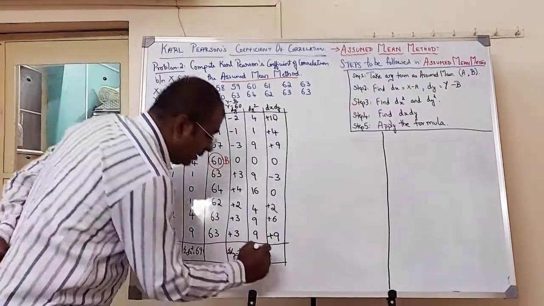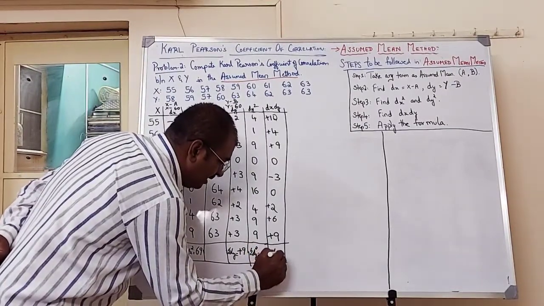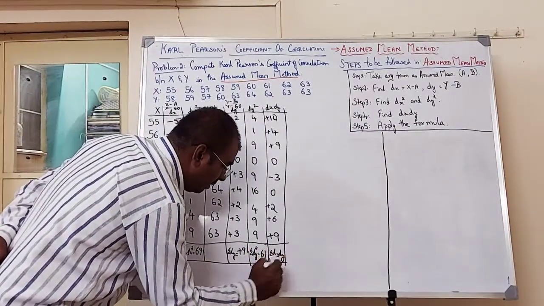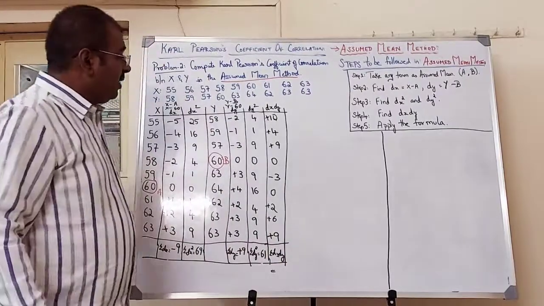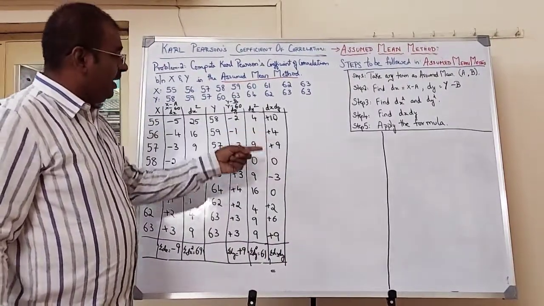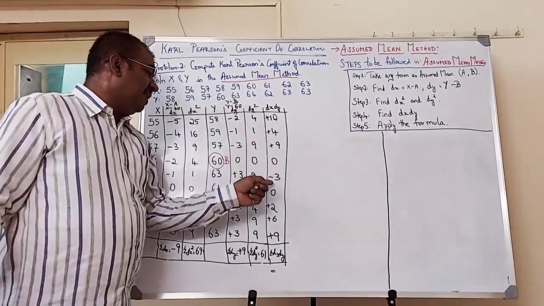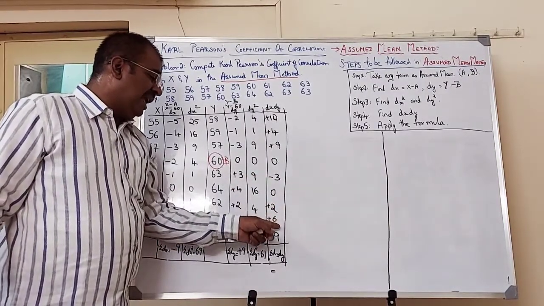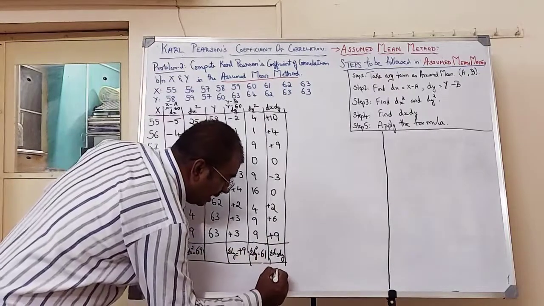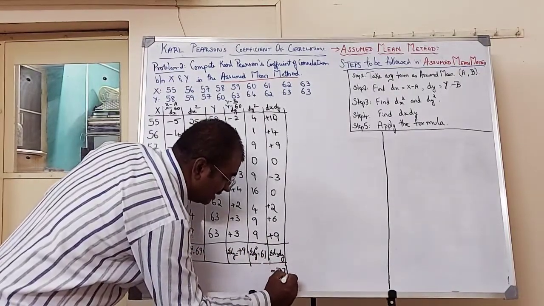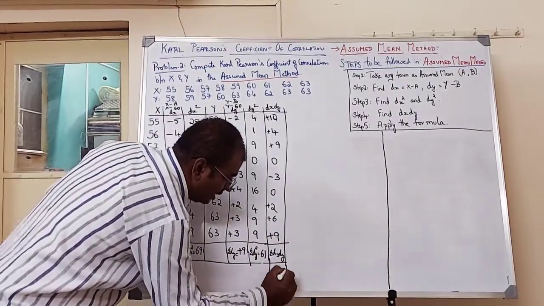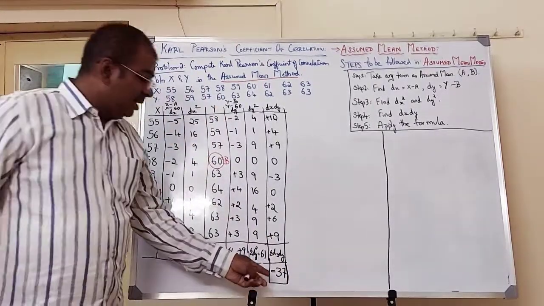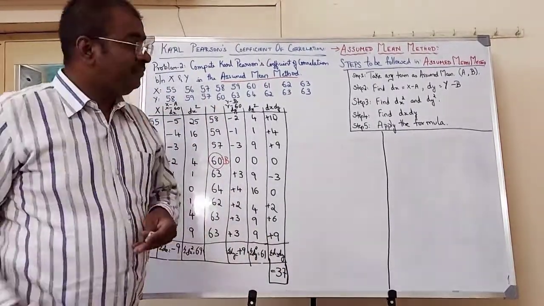So sigma dx dy is equal to 10 plus 4 is 14, 14 plus 9 is 23, 23 minus 3 is 20, 20 plus 2 is 22, 22 plus 6 is 28, 28 plus 9 is 37. So the value of sigma dx dy is equal to 37.